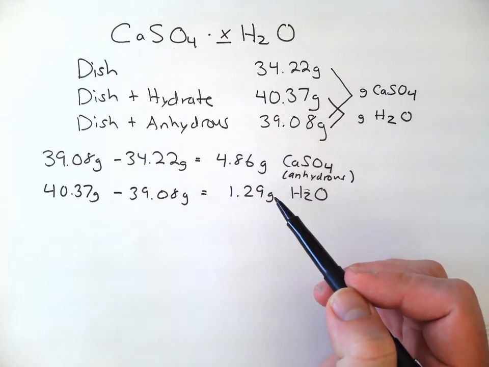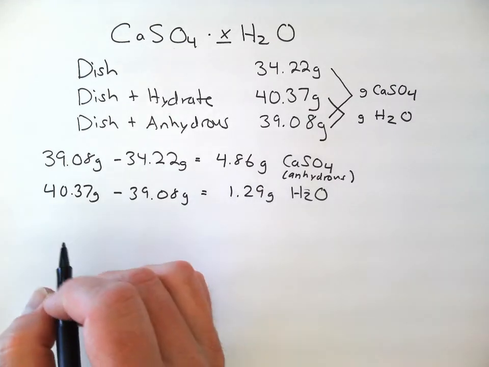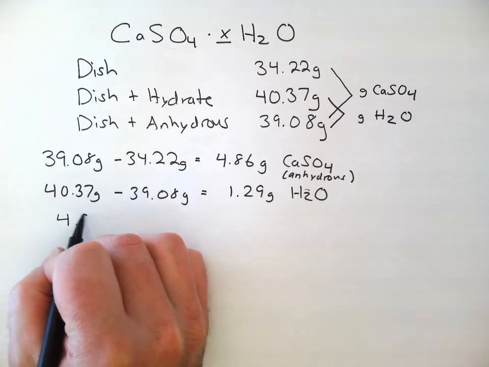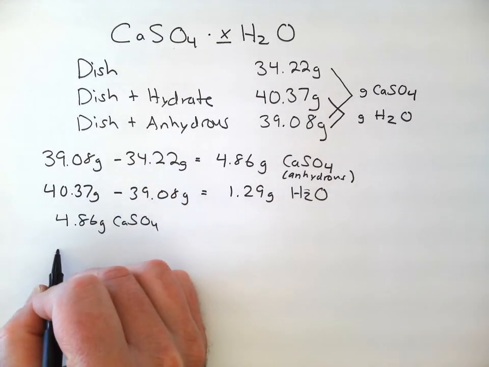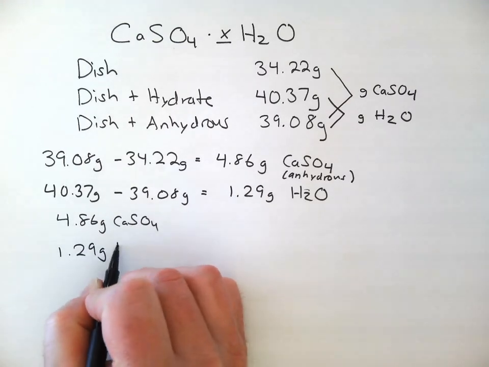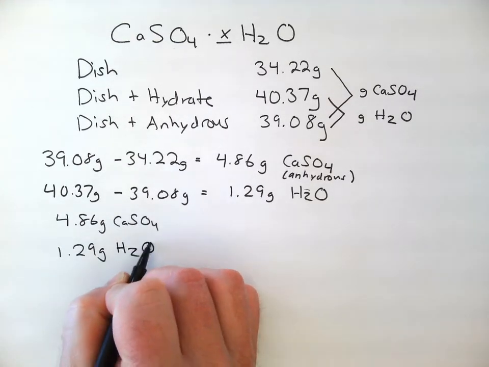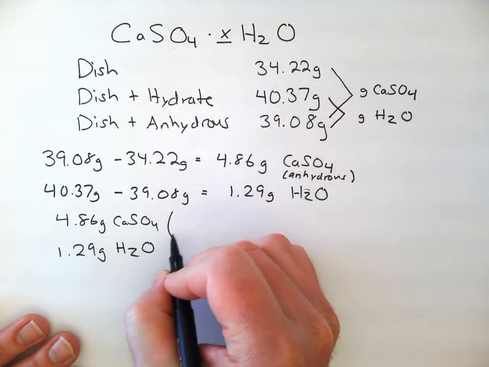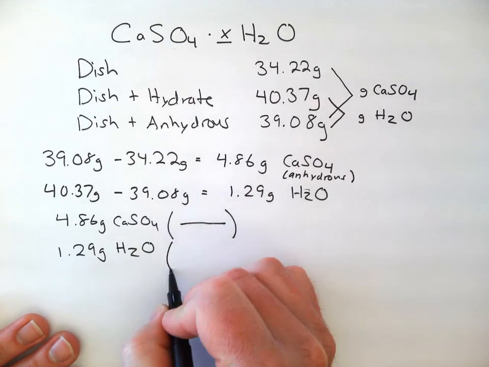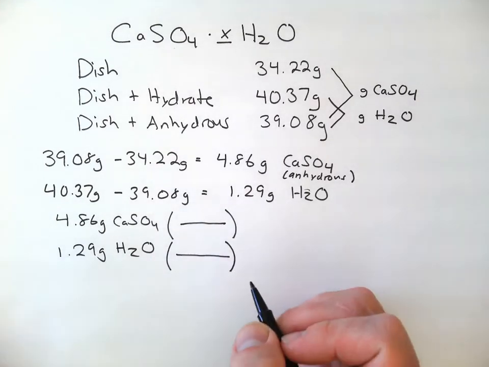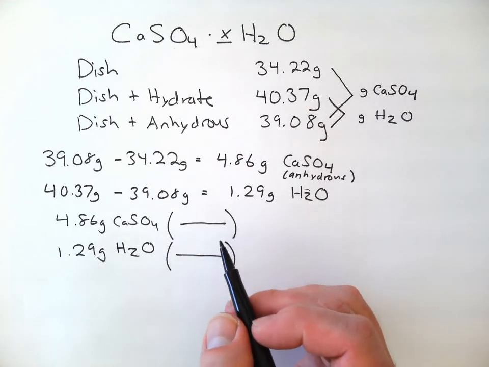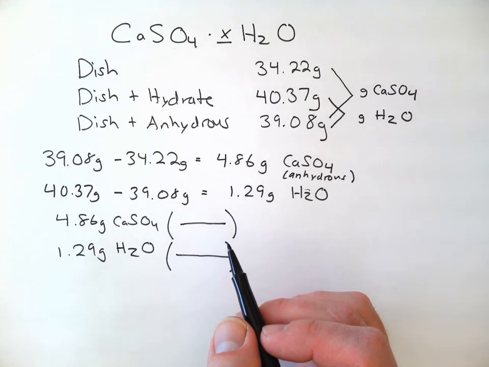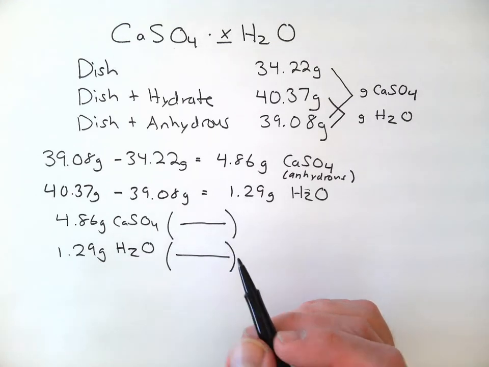Now the steps are really the same as empirical formulas. I need to take these masses and change them into moles. Okay, and we would do that because we have a periodic table handy. We could go to the periodic table and look up the masses of the two compounds, unless you have them memorized, which of course would be very nerdy.